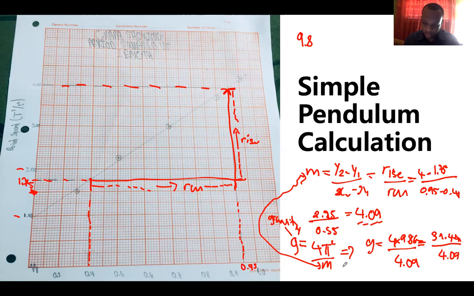All right, so our value is 9.64. Now look at 9.64 compared to 9.8. You see that it's kind of close. It's not fully 9.8, but it's kind of close.